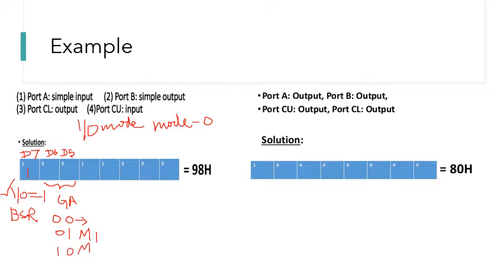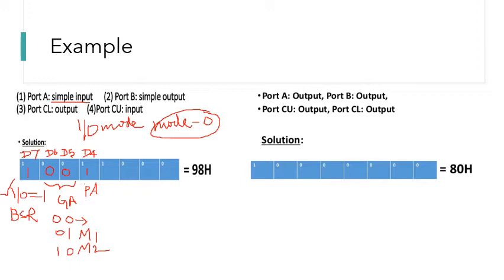Since our objective was to operate the 8255 in mode 0, we write 0 in bits D6 and D5. Next, bit D4 is meant for port A. Our aim is to make port A a simple input port, so we write a 1 here.